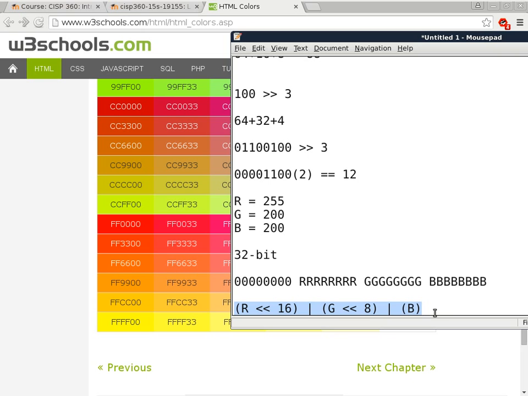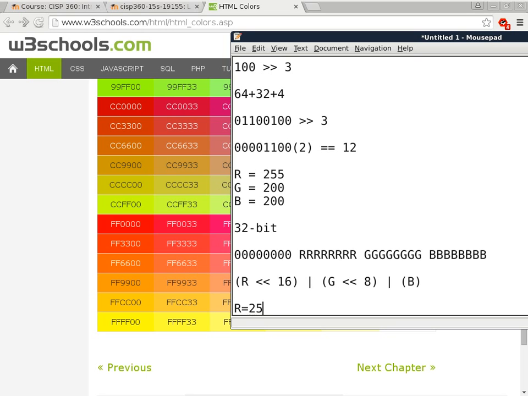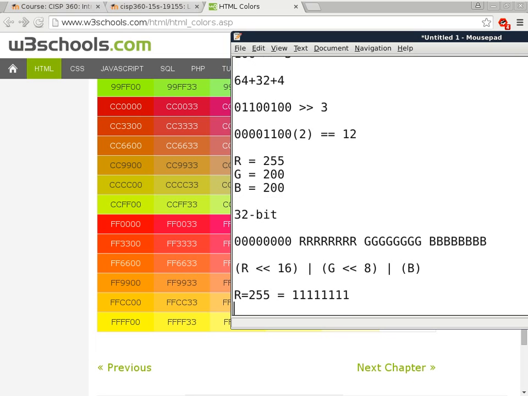Okay, so let's plug in some values here. So let's say R is 255, which is 1111 1111 in base 2. G is 200, and 200 is 128 plus 64, that would make 192, plus 8, so that would be 1, 1, 0, 0, 1, 0, 0, 0 in base 2.